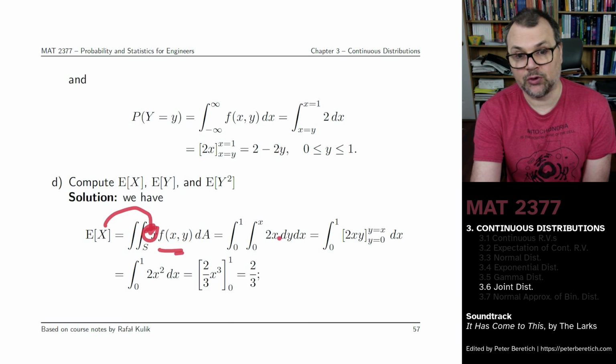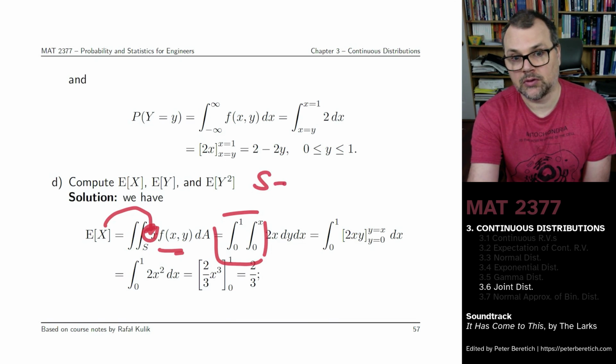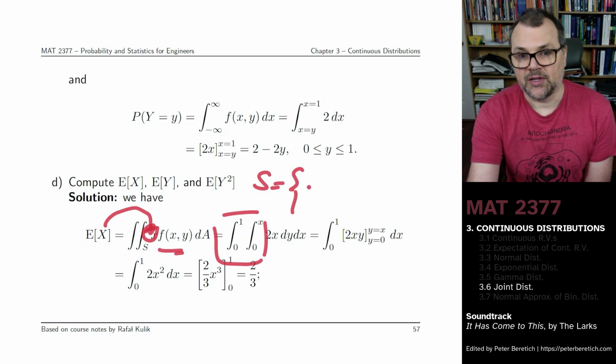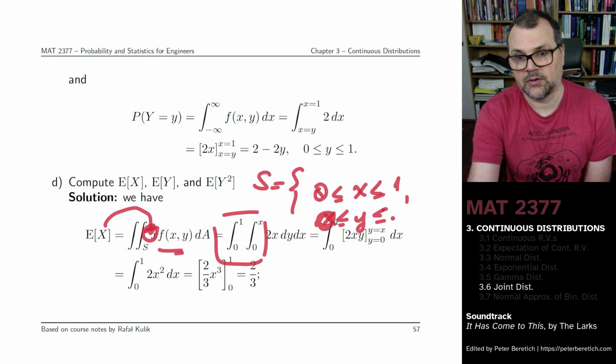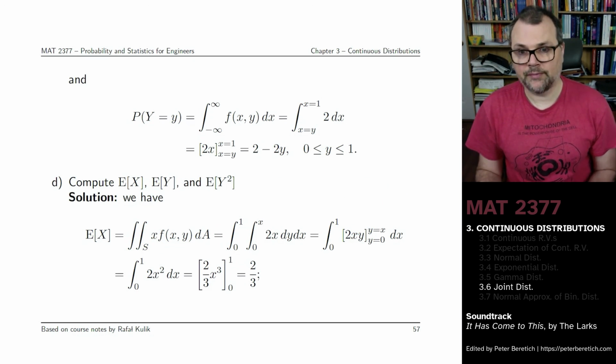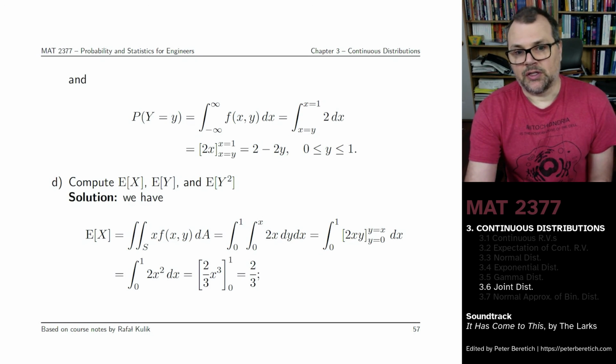This is really the integral of 2x, x times 2, and then you integrate it over the region S, which as a whole, as we've seen, will be given by x going between 0 and 1, and y going between 0 and x. This is our domain. This is the integration order. You just do it one by one and you'll get eventually 2 over 3.